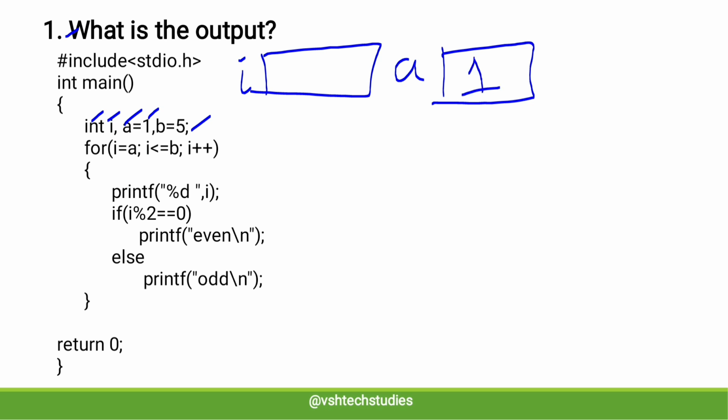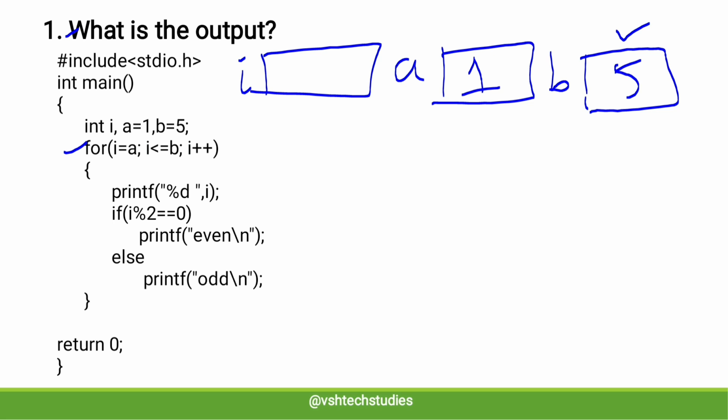Then B is another memory location, there it is initialized with the value 5. So I, A, B, the names of memory locations, are called variables because different values can be stored in those memory locations. Assigning a value during the declaration to the variable is called initialization.